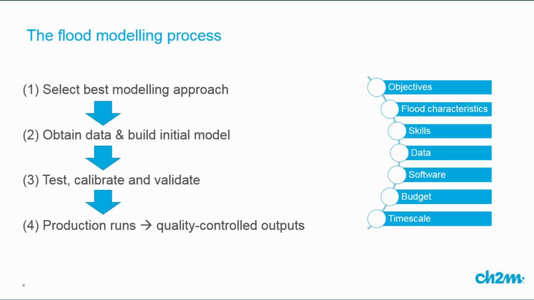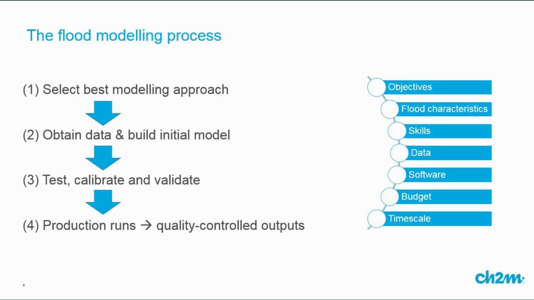There's lots of things that help you decide what is the best approach to use, and some of those are shown on the right hand side here in terms of looking at the objectives of the work you're trying to do, whether it's for flood warning or for calculating defence levels or something like that. You also need to understand what are the flood characteristics, whether it's a steep channel or a flat channel, whether it's to do with breaching, what type of routes the water will be taking once it gets onto the floodplain.